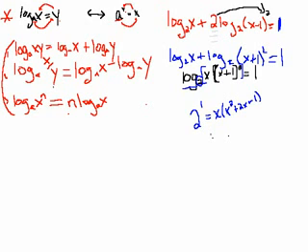So far, so good? And now this is just like an algebra 2 problem. We would multiply this out again. 2 equals x cubed plus 2x squared plus 2x minus 2.